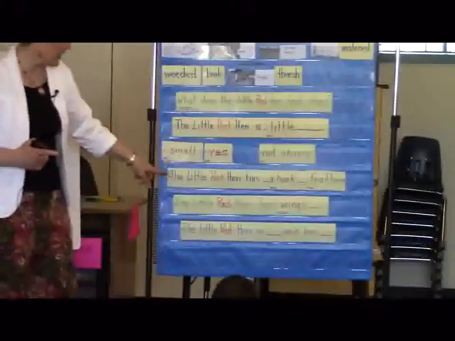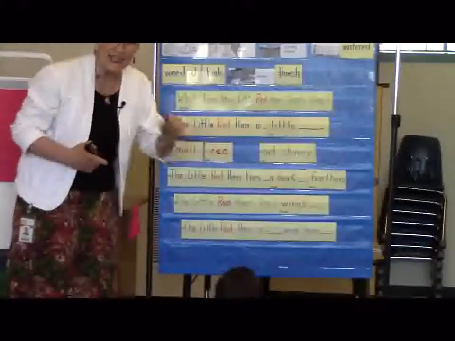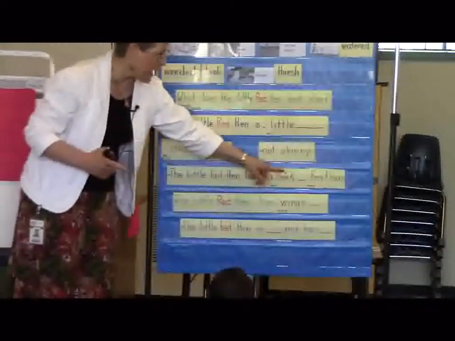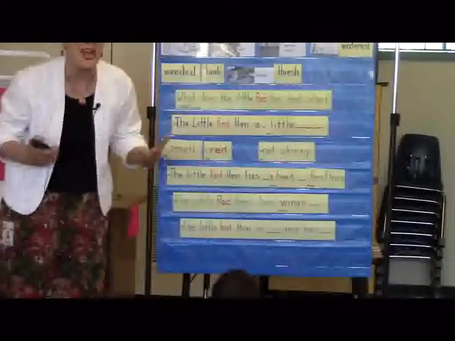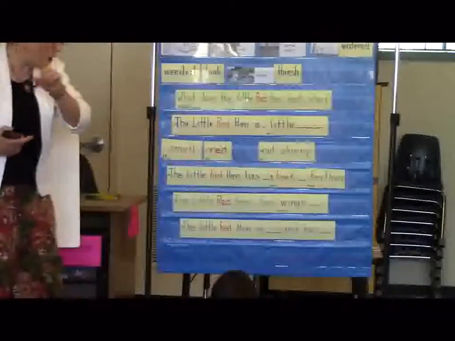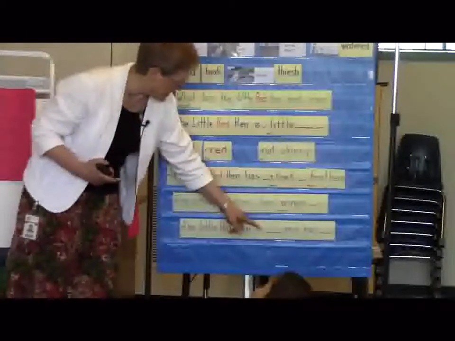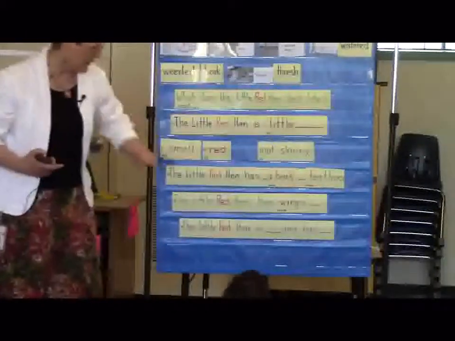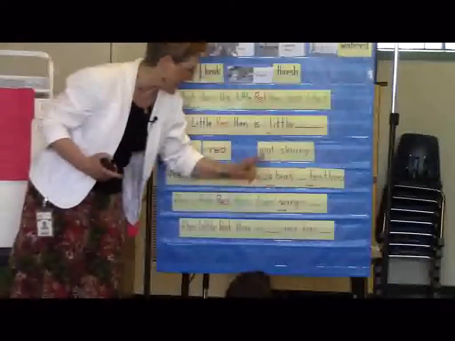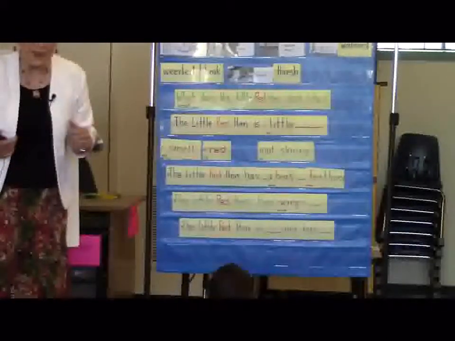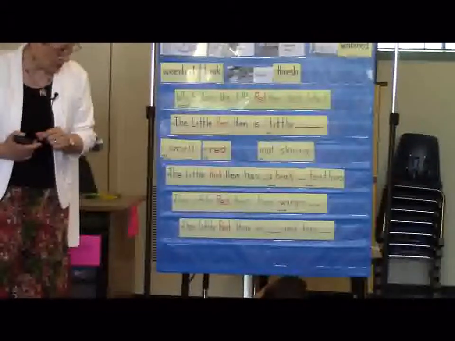Or you can say, the little red hen has, everybody try it, the little red hen has a beak. And if you want to say, and feathers, you can. Or you can say, the little red hen is little and has wings. Do you see how that works?